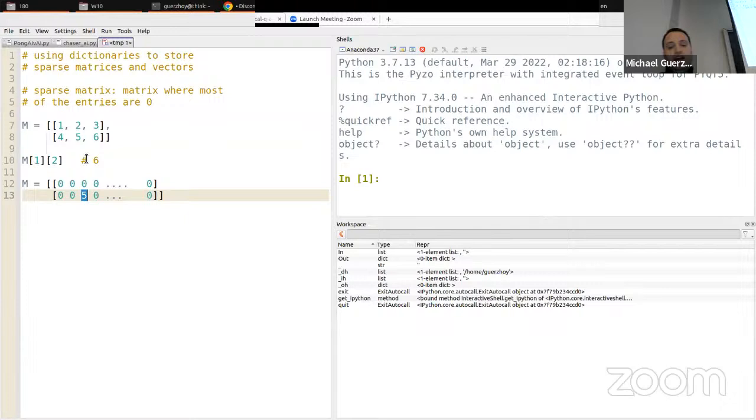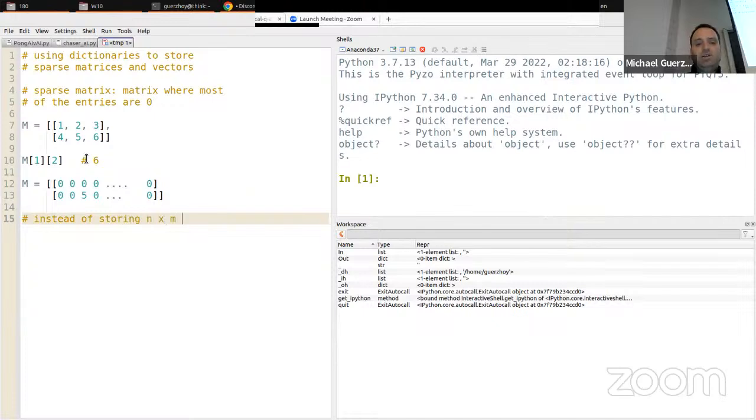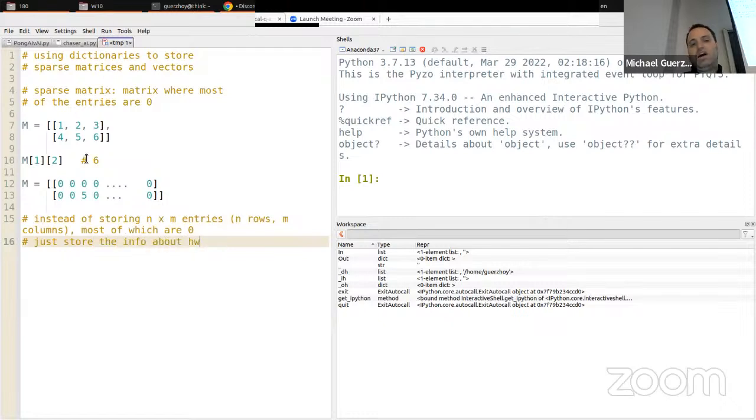So instead of storing n times m entries, for whatever n rows, m columns, most of which are 0, just store the information about where the non-zero entries are. And then the rest is just zeros, because you know which are the non-zeros.